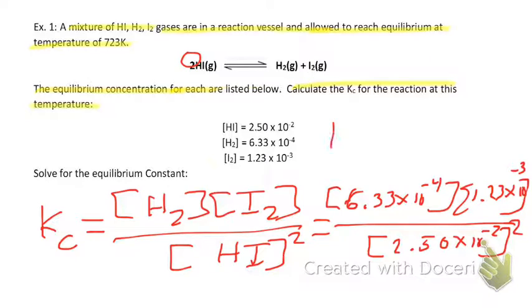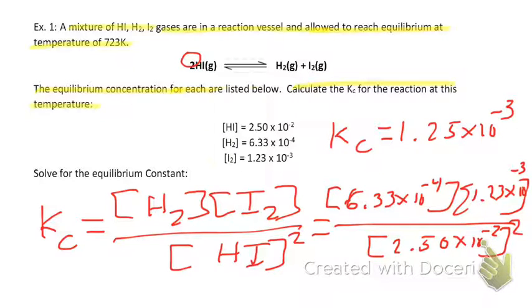So you work out the math and multiply and then divide, make sure you square. And you should get a Kc value of 1.25 times 10 to the minus 3.